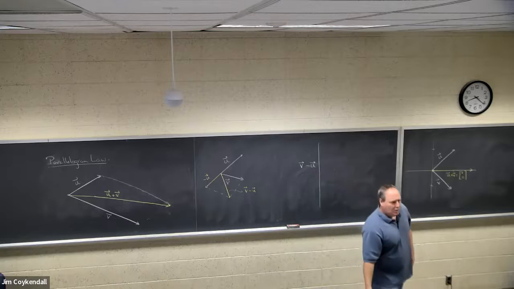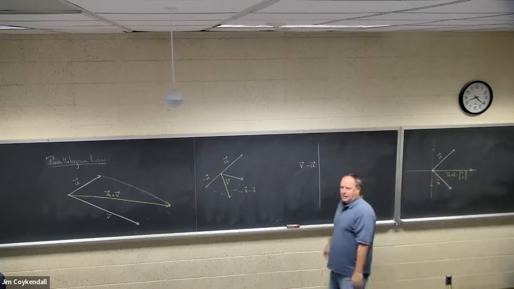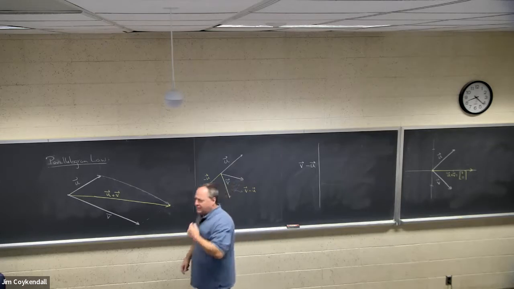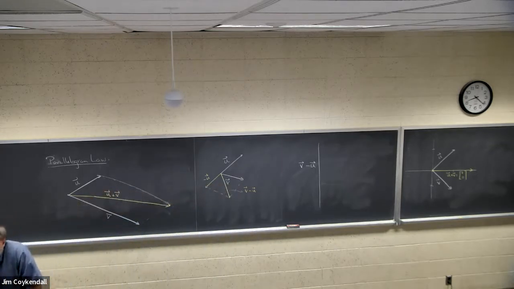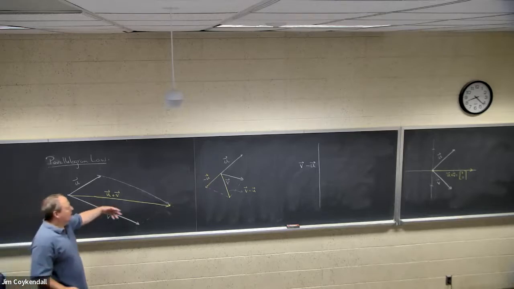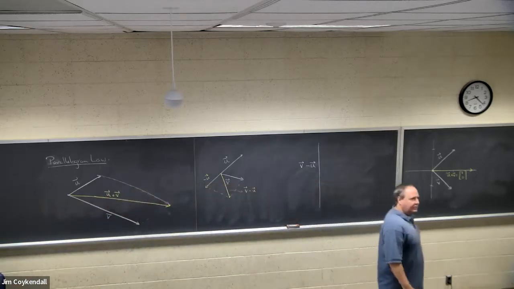Let me ask you a question. Just for fun. So I've drawn pictures of the parallelogram law. Can somebody explain to me why this works for more than just 2-dimensional vectors? Right? I mean, so I think this parallelogram law, does this only apply to R2 for 2-dimensional vectors or does it apply for more?